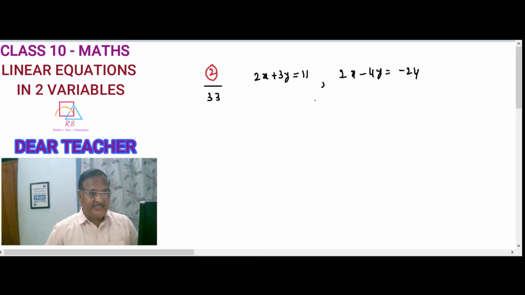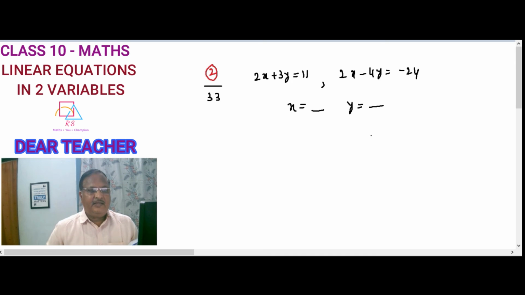Solve, and hence find the value of m for which y is equal to mx plus 3. So you have to find the x value and the y value using the elimination by substitution method.